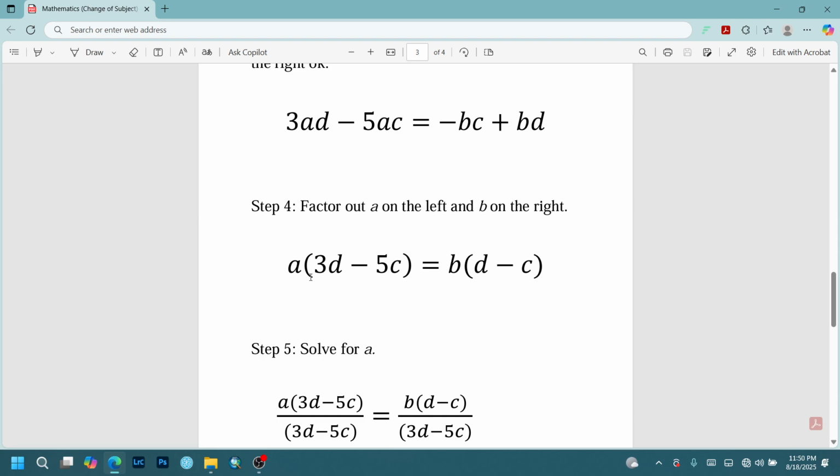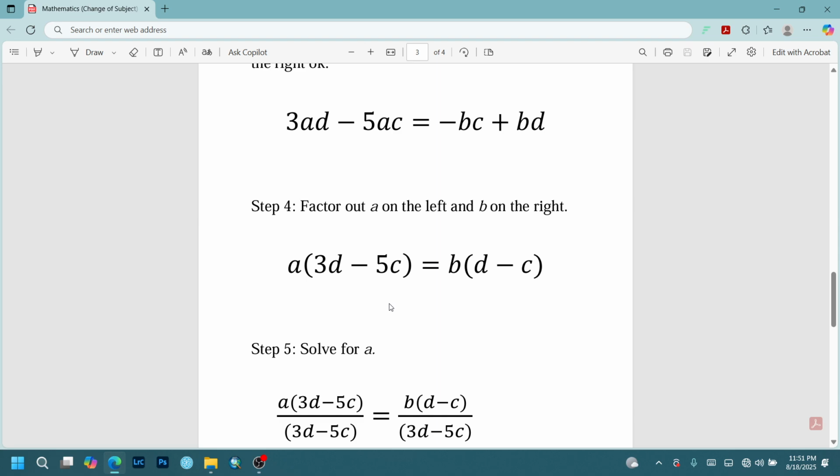So we have to cancel out the dependent variable that is attached to A, which doesn't allow A to stand on its own, and that is 3D minus 5C. So we divide both sides by 3D minus 5C.